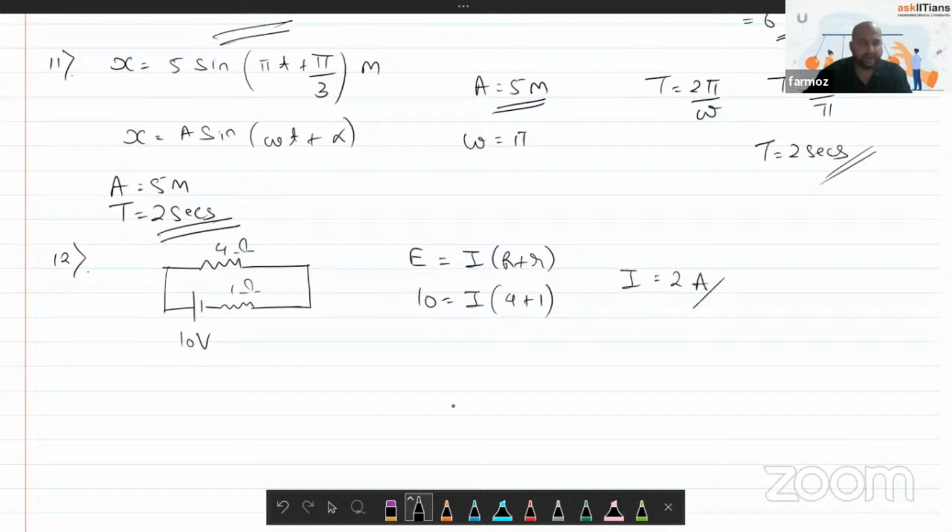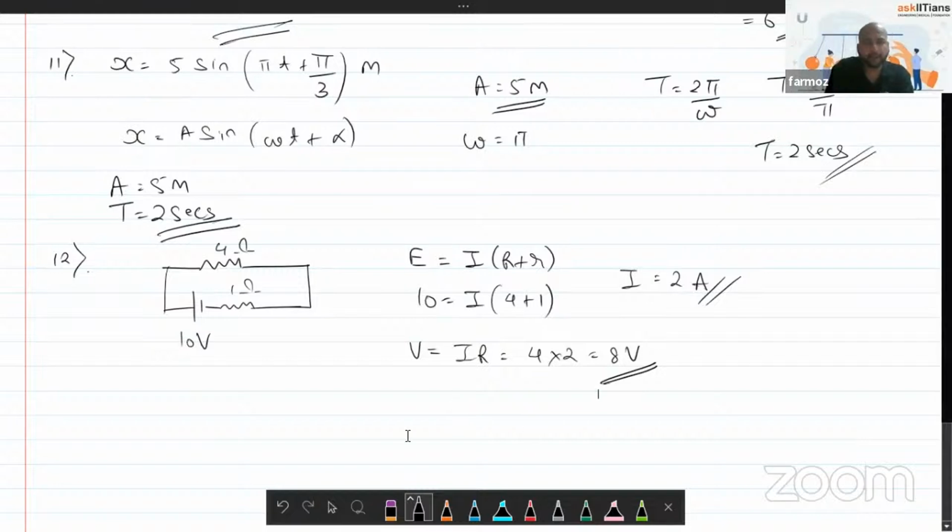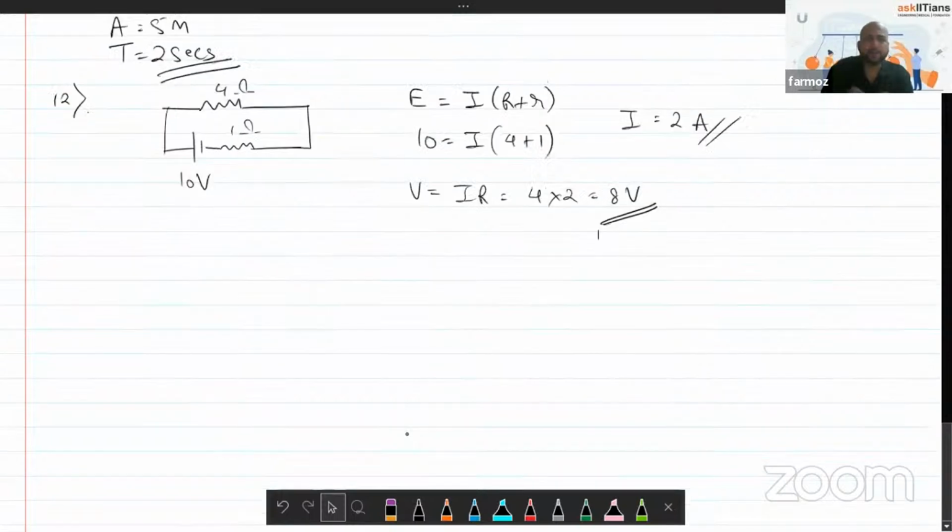And V is nothing but I into R. That is 4 into 2, that is 8 volt. So is there an option of 8 volt? Yes, the third one. The options are 4 volt, 6 volt, 8 volt and 10 volt. So your answer becomes 8 volt. Clear? Okay. Now moving on to the next question.